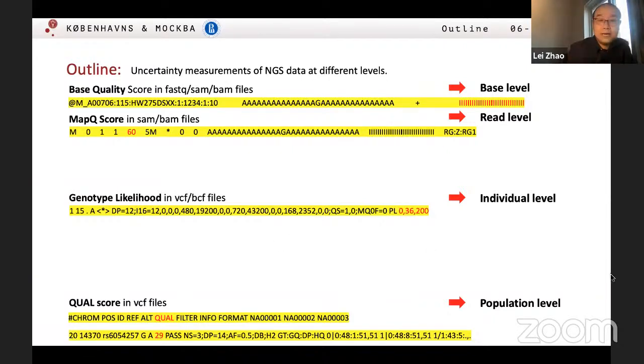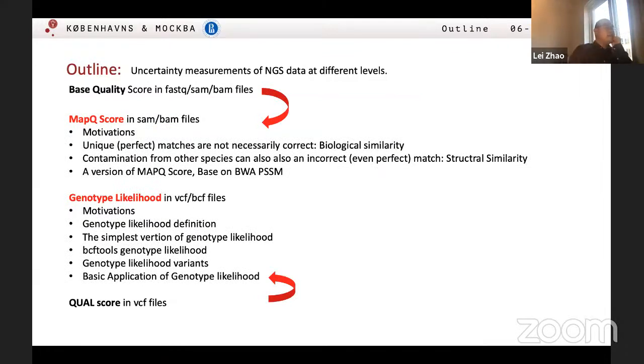Through my talk today, I will mainly talk about two concepts here. The base quality score will serve as preliminary information for the MapQ score, and the QUAL score will serve as a basic application of the genotype likelihood.